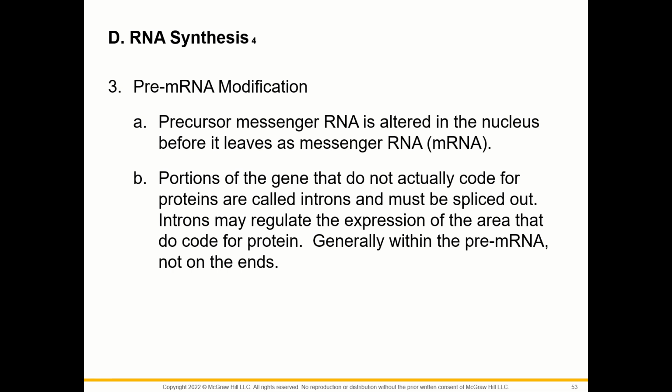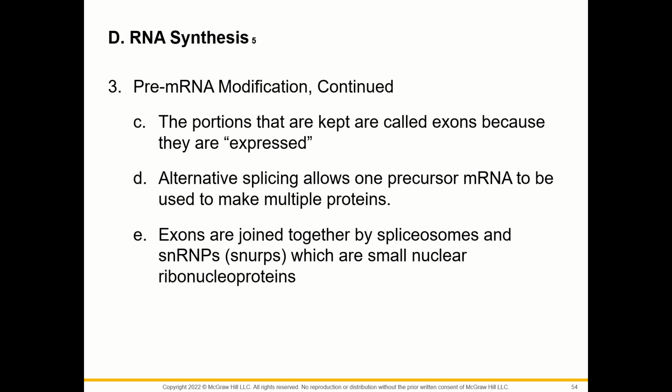Introns may regulate the expression of the areas that do code for proteins, and they are generally within the pre-mRNA, not on the ends. We put the little caps on the ends. So the portions that are kept are called exons because they are expressed. And then alternative splicing allows one precursor mRNA to be used to make multiple proteins.